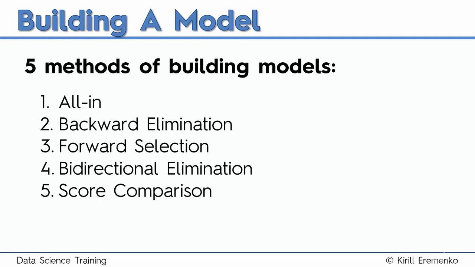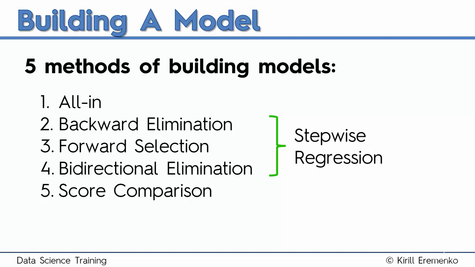Before we do, I wanted to say that sometimes you'll hear stepwise regression. So stepwise regression actually refers to number 2, 3, and 4, because those are really the true step-by-step methods. But sometimes you will hear people say stepwise regression in reference to just number 4. So they will replace bidirectional elimination with stepwise regression.